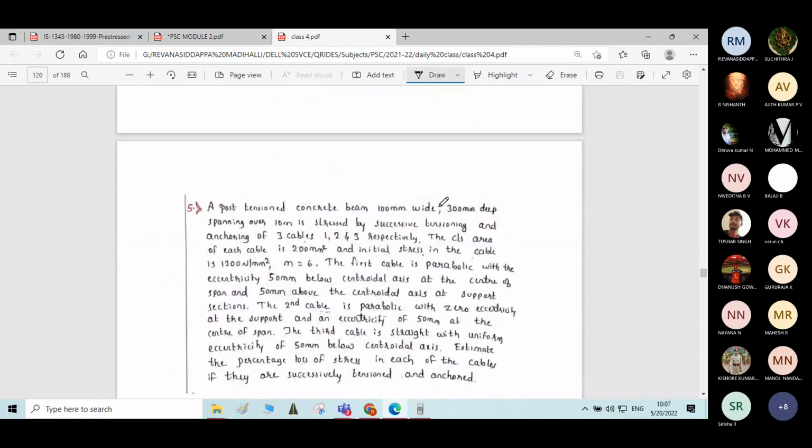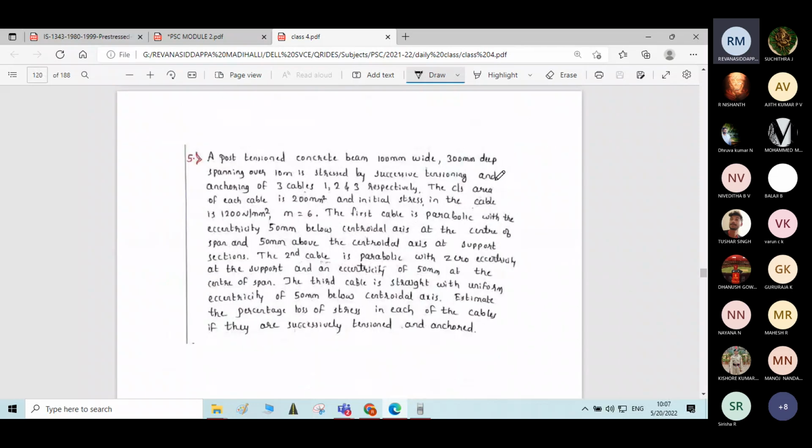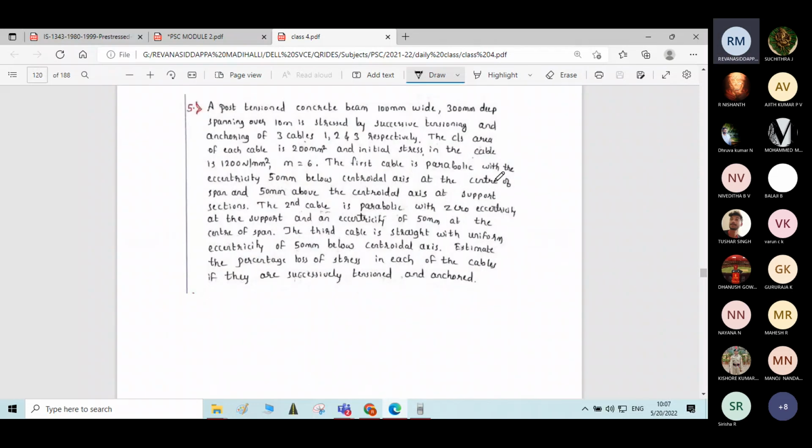Okay, thank you. So please write down the next problem. It is also a problem on a post tension concrete beam. All of you write the problem quickly.